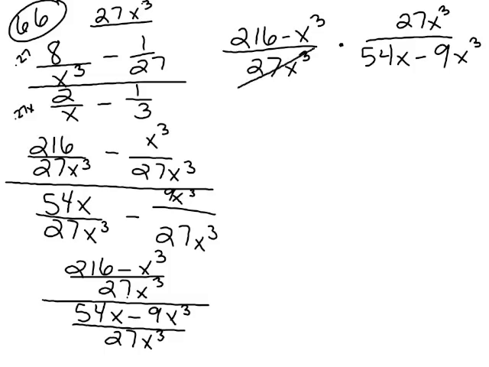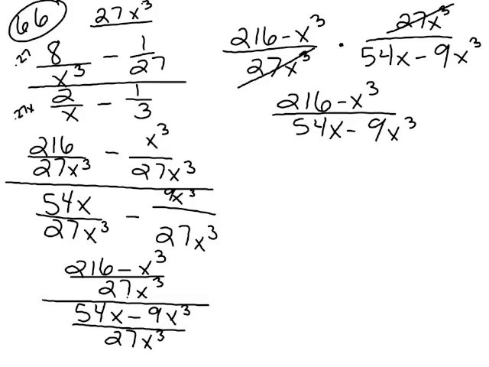So then my 27x cubeds are going to cancel. I'm left with 216 minus x cubed on top over 54x minus 9x cubed on bottom. So I'm definitely going to need to do some simplifying. So if I rewrite this, I'll pull out the negative 1, x cubed minus 216 is going to be on top.